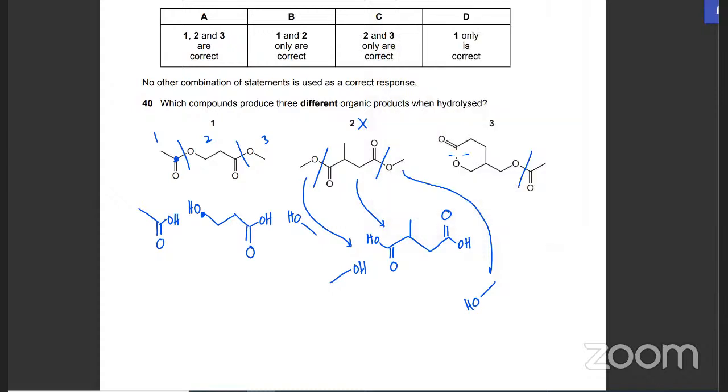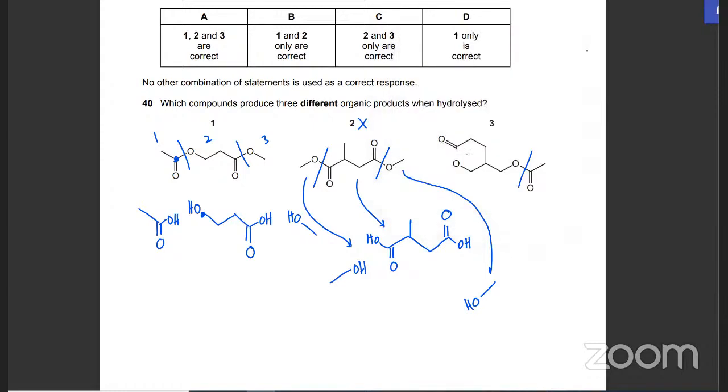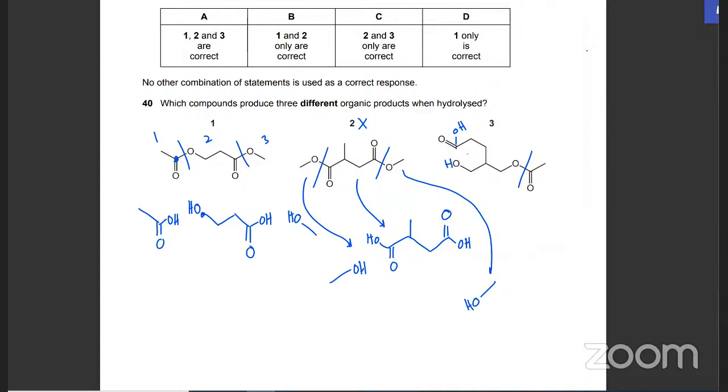So this thing over here in the middle, the ester bond breaks, right? And once that breaks, this side would turn into carboxylic acid and this side would turn into alcohol. It's still connected together, right?